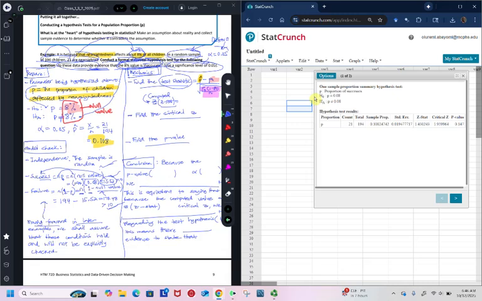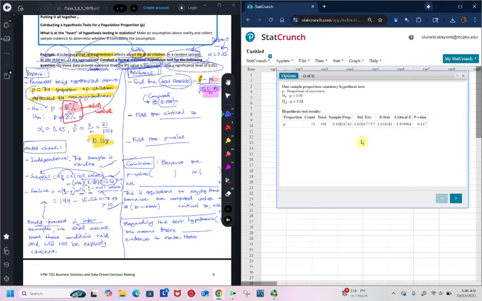Good. You will find that we have the z stat value, which is 1.4502, and I have the critical value, which is approximately 1.96, and I also have the p-value, which is 0.147.